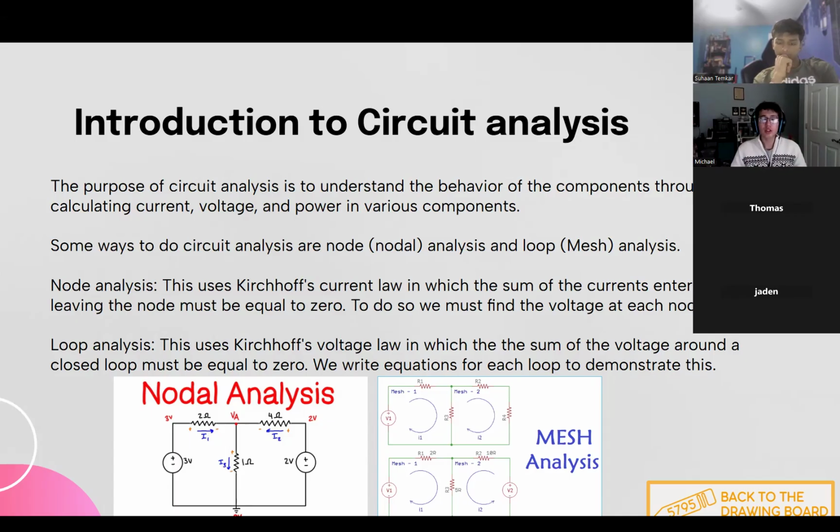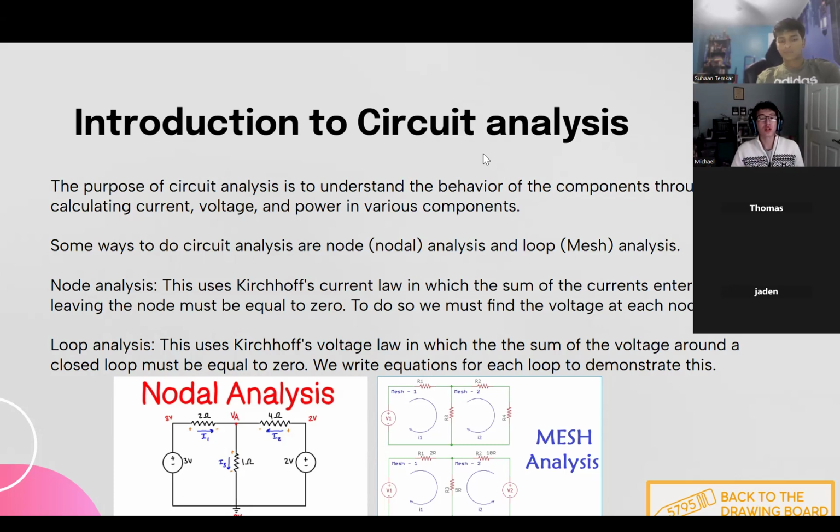What nodal analysis says is all the current, all the water, all the electrons flowing into that point VA from the left and right must be equal to the amount flowing out of I3, the one way out. So you can set up your equation and show that the amount of current flowing in through those two paths must be equal to the one path out. That gives you a very basic current equation.